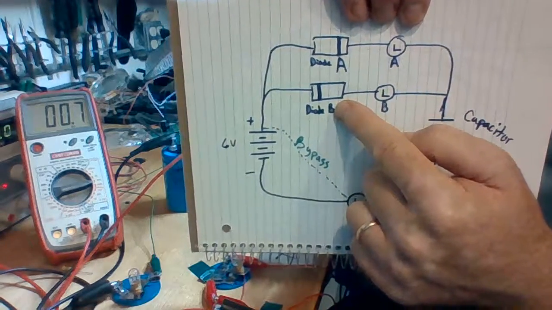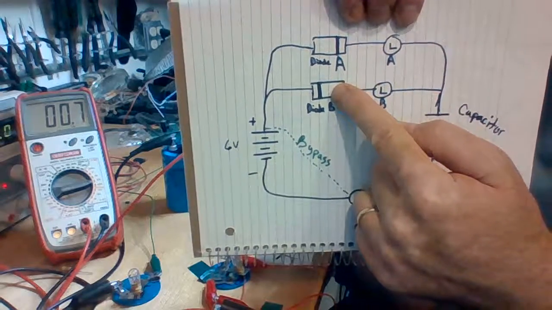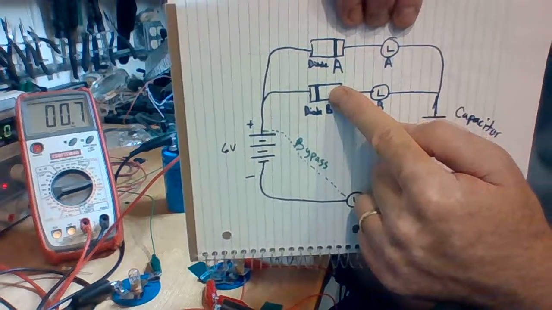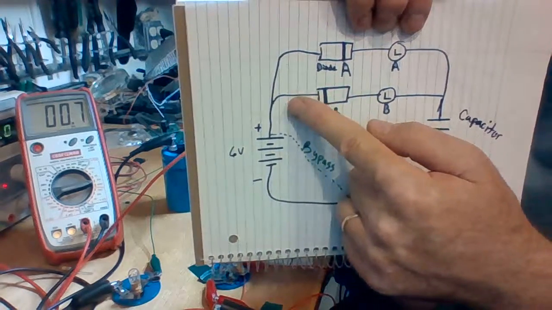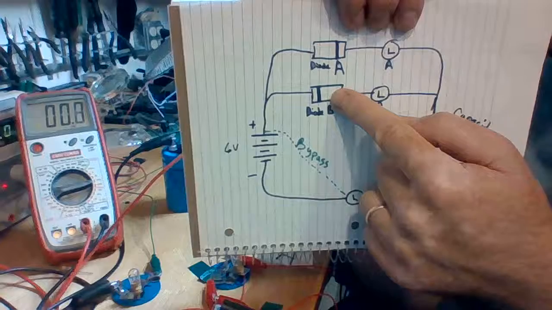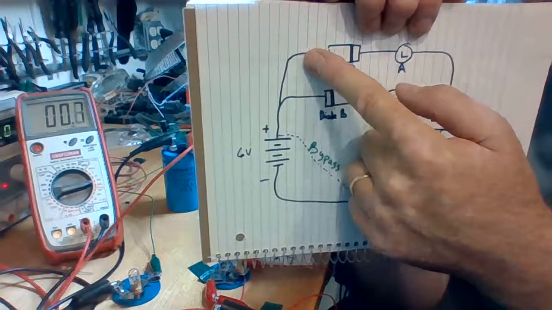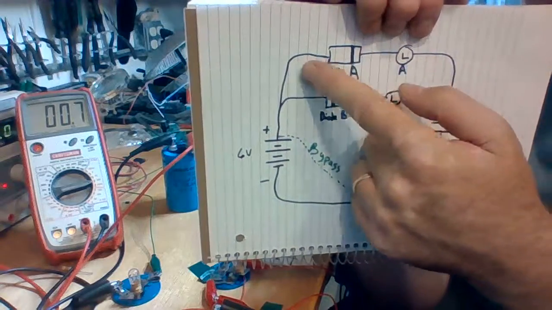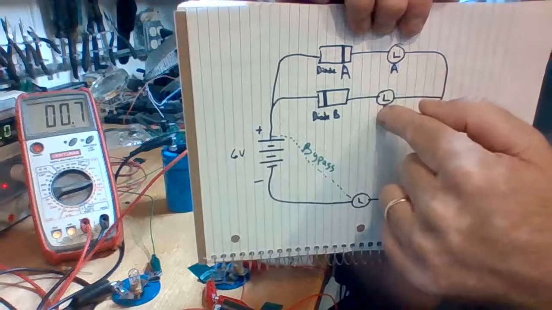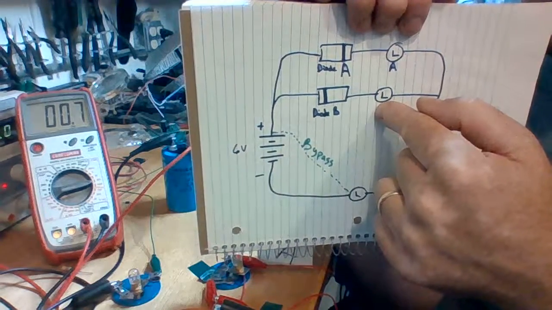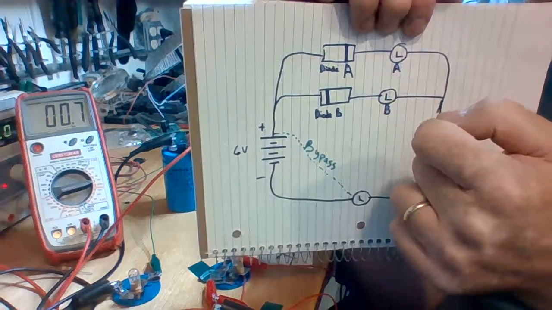They're different only in the respect of which way the diode is facing in the circuit. And the essential question for this lab is, do diodes allow current to flow in only one direction? So if our charge is coming off of here and having the diode face this direction allows charge to go through and light this lamp up, but this lamp doesn't light up, then we know that when the diode is facing this direction, it doesn't allow current to go through.